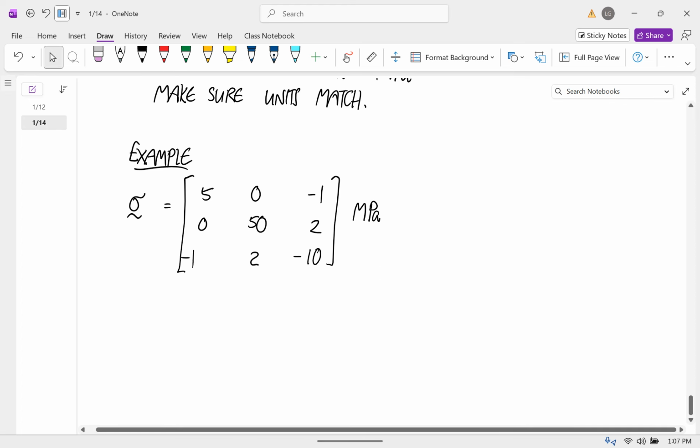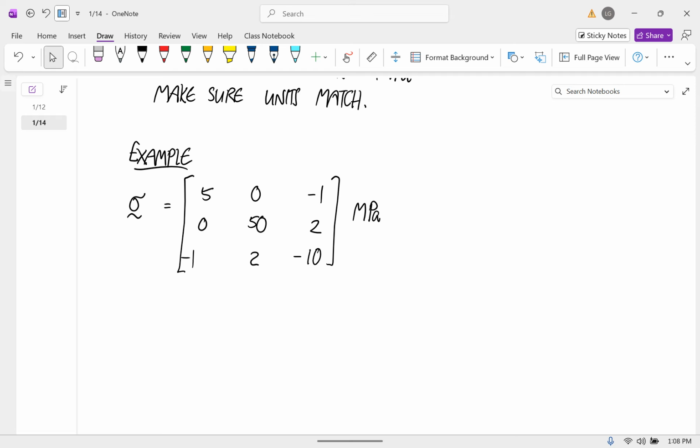Okay, so let's look at this and make sure, so the requirement for this to be an acceptable stress tensor is that symmetry that you just talked about. So let's look at this and make sure xy is equal to yx, so that's good. Xz is equal to zx, that's good. Yz is equal to zy, so this is symmetric.